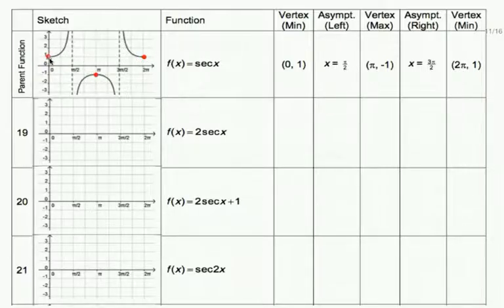So you're on the y-axis when y is +1, and you're also way over here at pi/2. And then your minimum point here is when y is -1, and you're right in the middle of your cycle or your period.